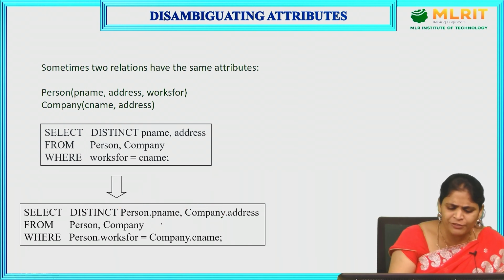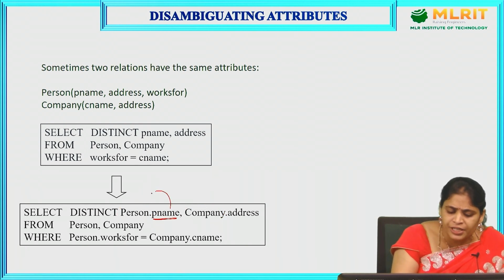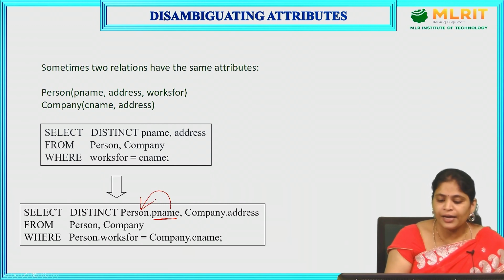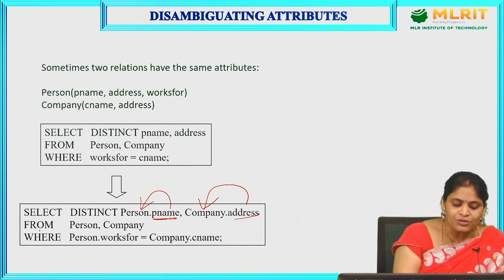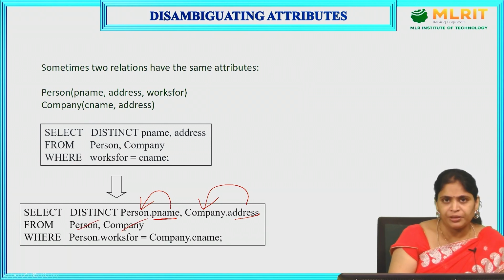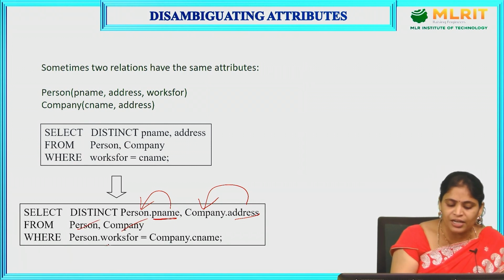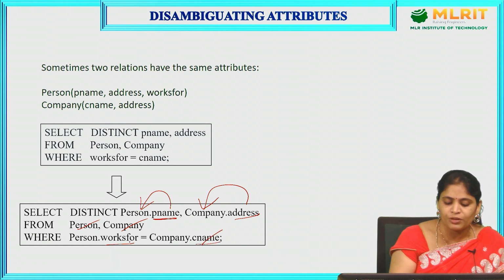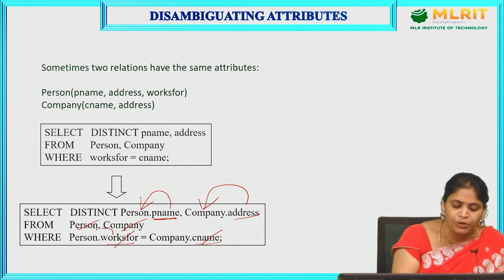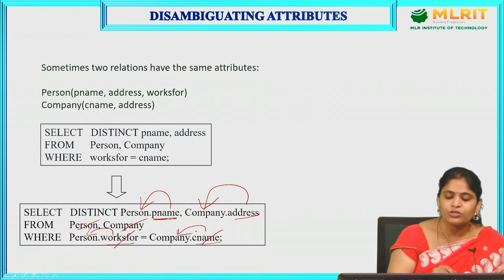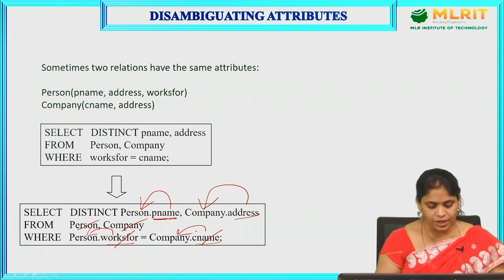This pname must be retrieved from the person table and the address must be retrieved from the company table. So from which tables? Person and company. Where condition: works for equals CNAME, these two must be equal, and works for belongs to the person table, CNAME belongs to the company table. So that is the thing.